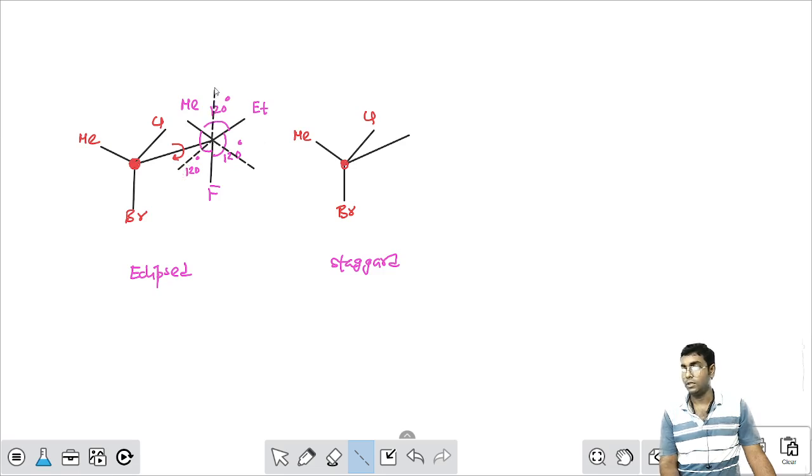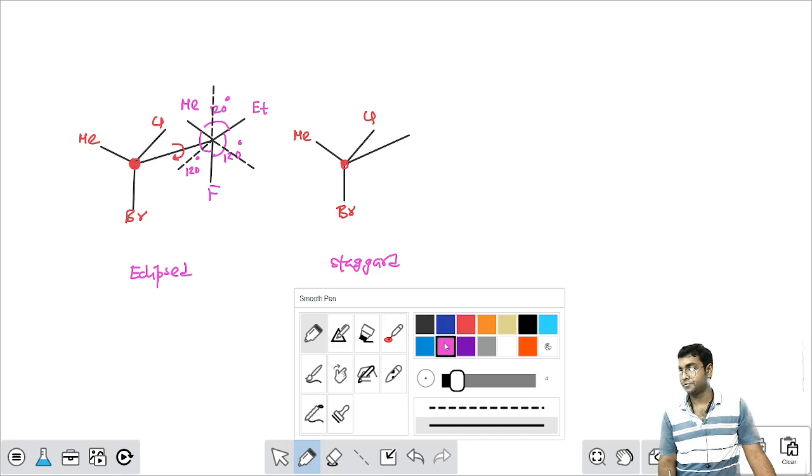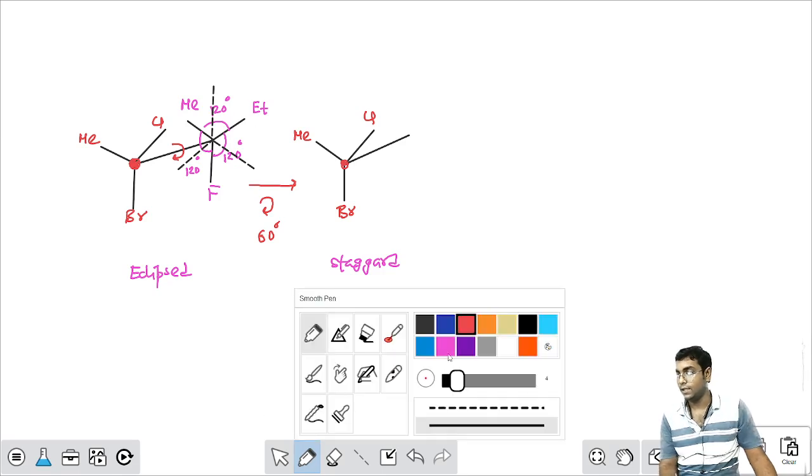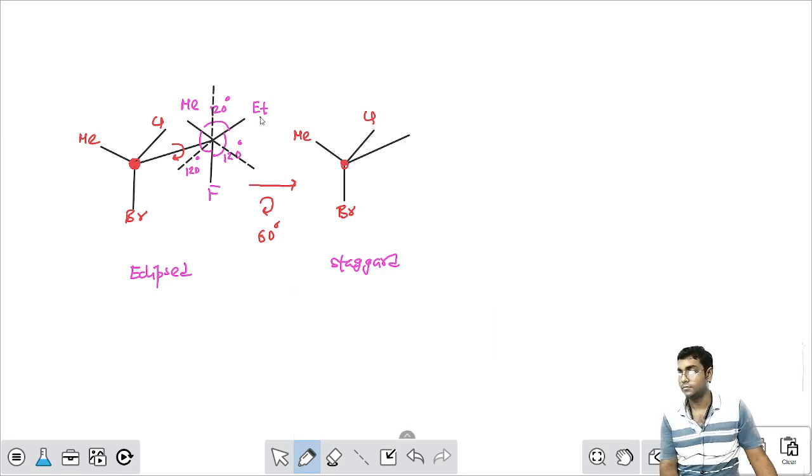So we are just rotating clockwise. This C single bond C we are rotating clockwise with an angle of 60 degree. That means we have to rotate it halfway of 120 degree. That means this ethyl will come here in this position, because this position is 60 degree, which is the half of 120 degree, right? This is 120, so this angle will be 60 degree.